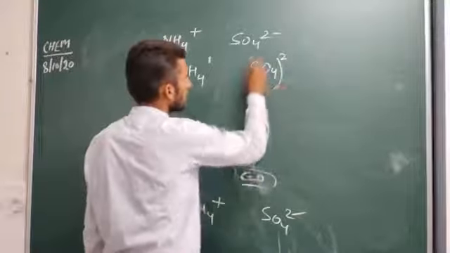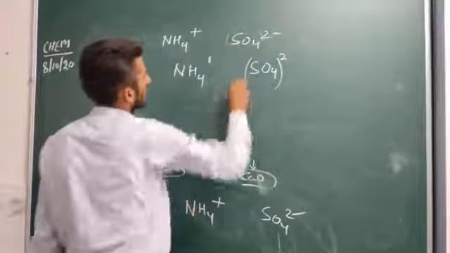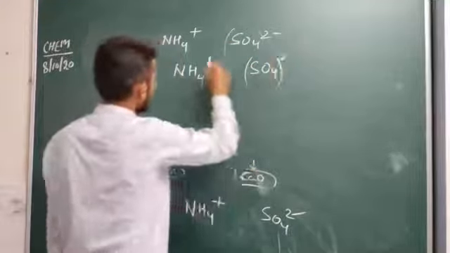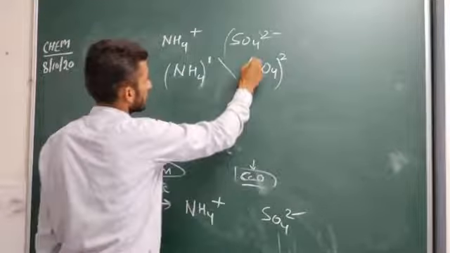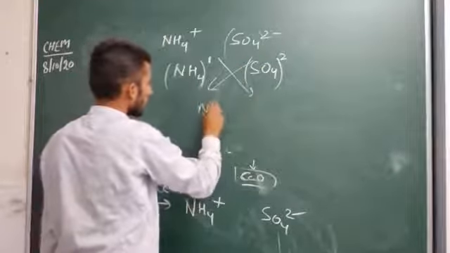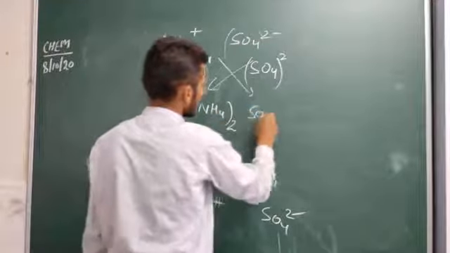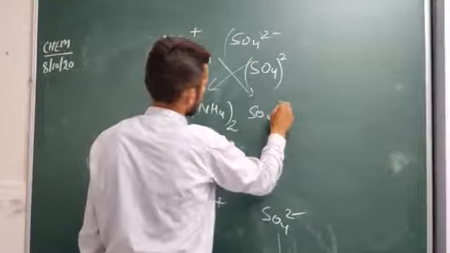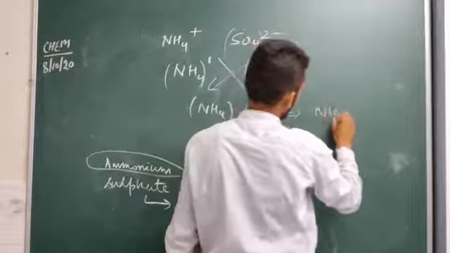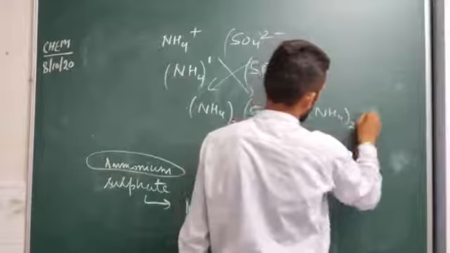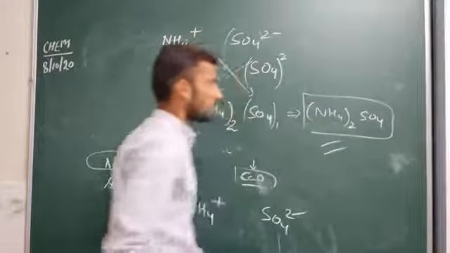Overall, this should be kept in the bracket, this also should be kept in the bracket. So 2 here at the top and 1 here at the top, just crisscross them, and what you will get is NH4 twice and SO4 1 overall. So (NH4)2SO4, with SO4 as it is. So this is the formula for ammonium sulfate.